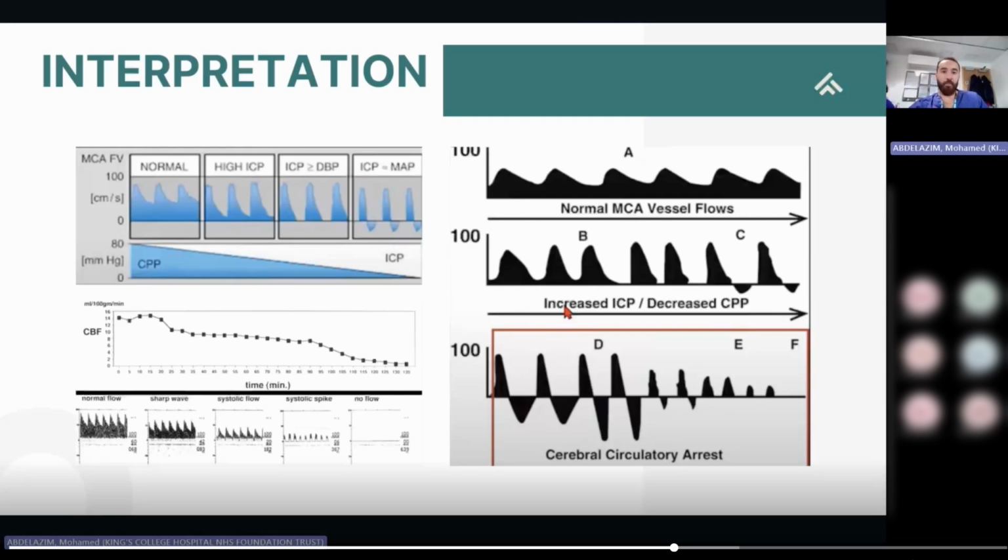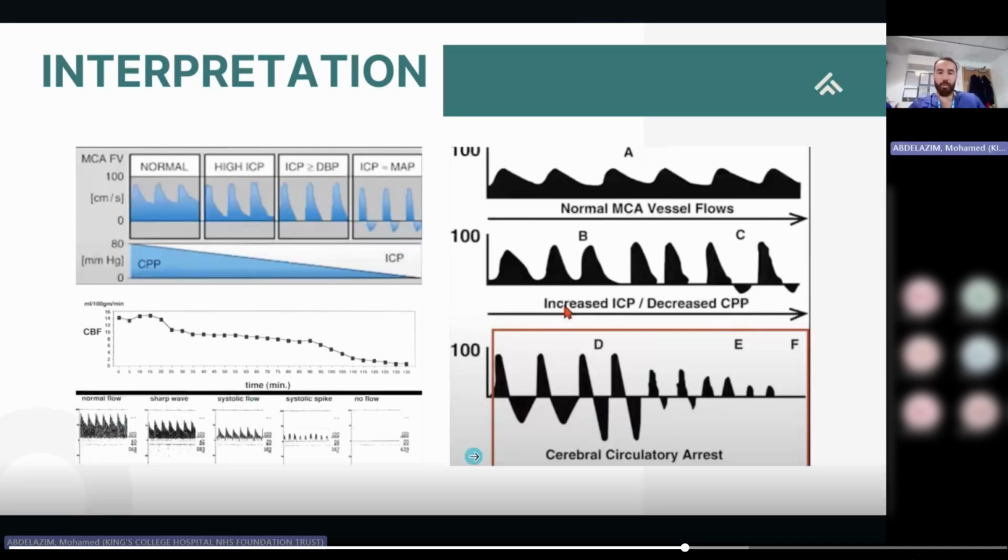Because if you think about it, diastolic pressure is usually less than the MAP. So if the ICP equals the MAP, that will be higher pressure than during the diastolic phase, which will cause reversed flow in the diastole.